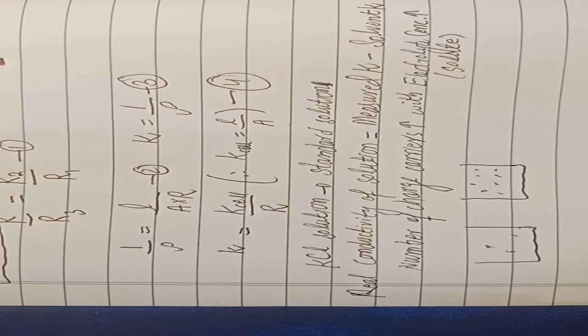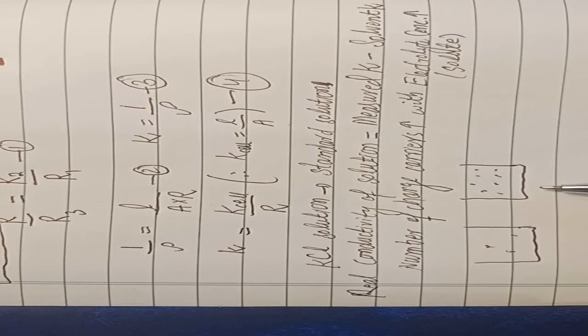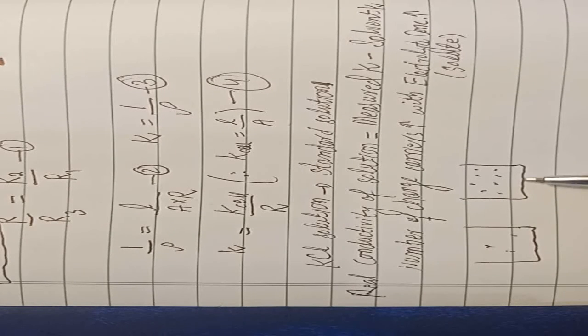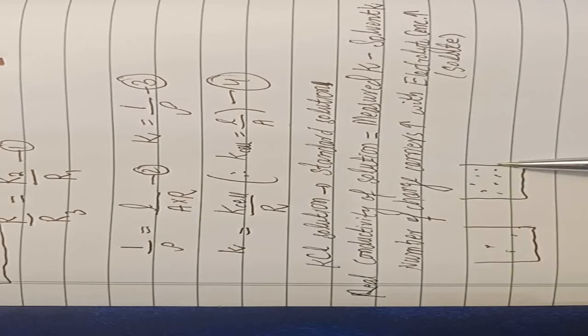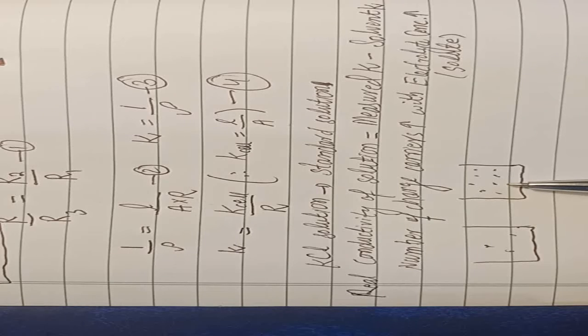We can assume that fewer particles can conduct less charge compared to a higher number of solute particles. So the number of charge carriers per unit volume usually increases with increasing electrolyte concentration, and thus the conductivity increases.